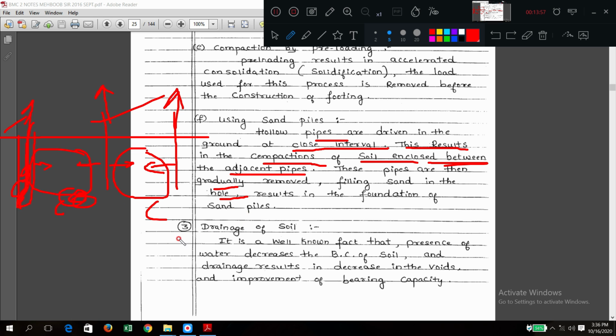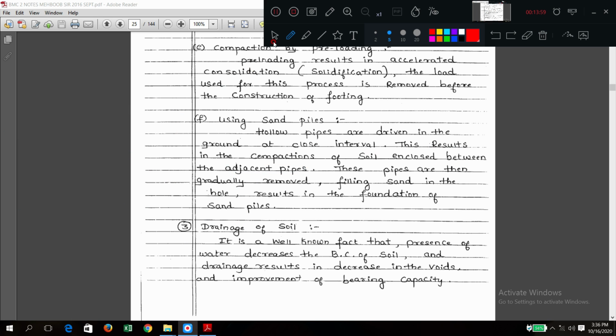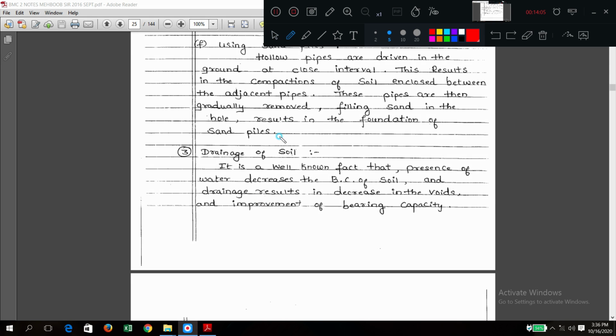Next is drainage. What is this drainage of soil? Drainage is providing some path for water. If there is ground level soil, continuously moist water is coming here and there. So water is there, bearing capacity is down. If fully dry, bearing capacity is up.